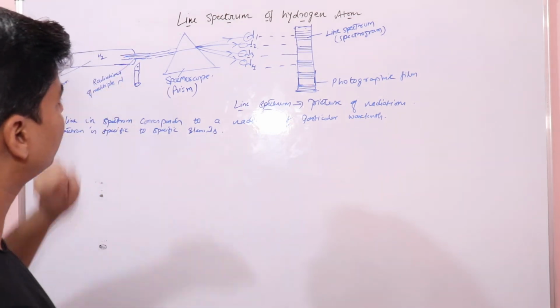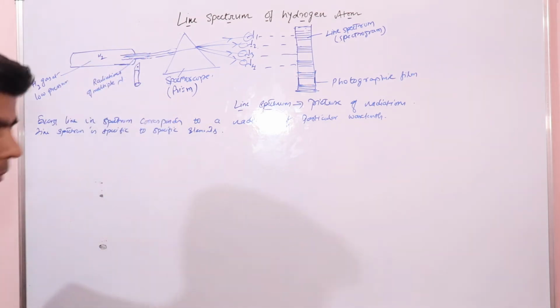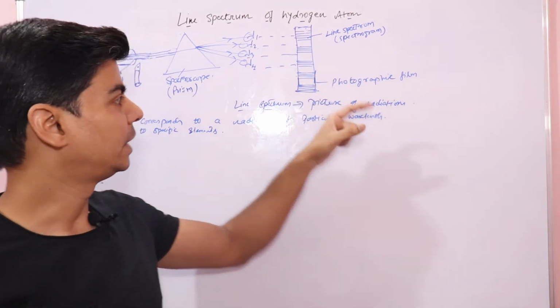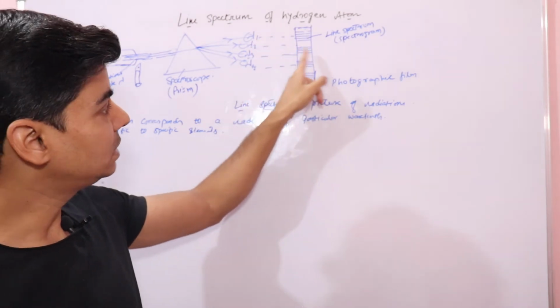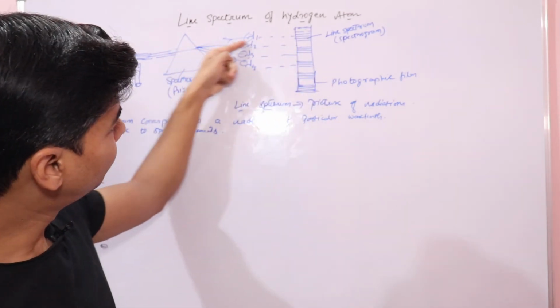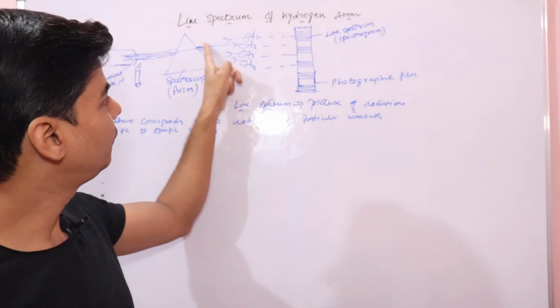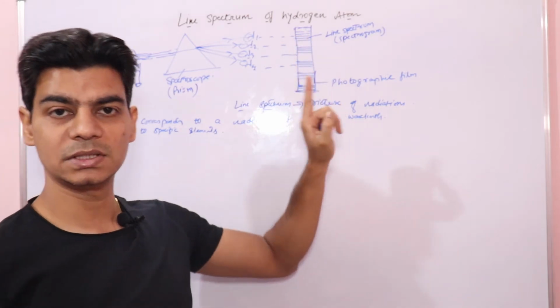If you place potassium here in place of sodium, the color of the line spectrum will be different, because the lines are nothing but radiations of different wavelengths. Every radiation of a different wavelength forms a line on the line spectrum.